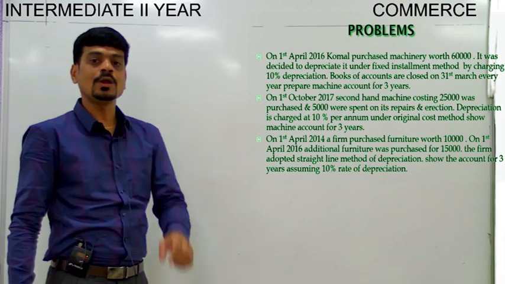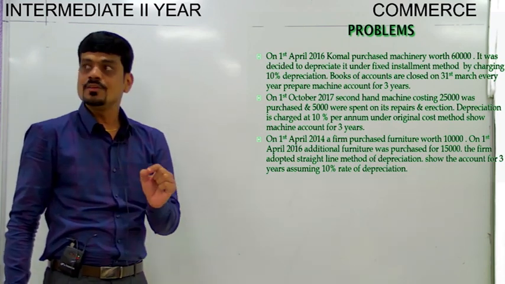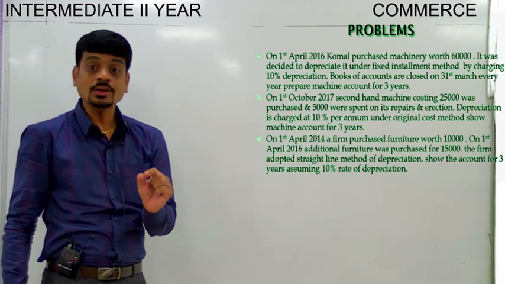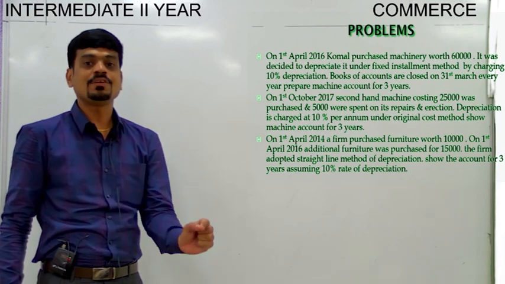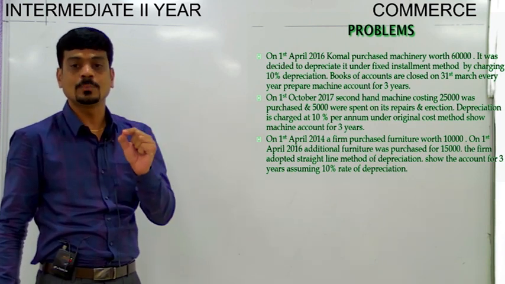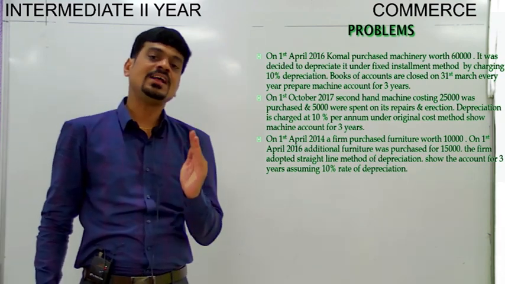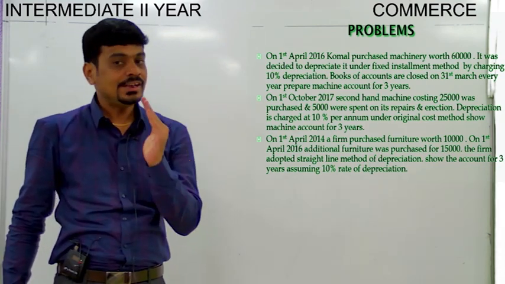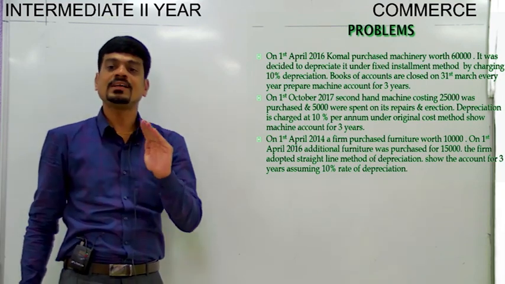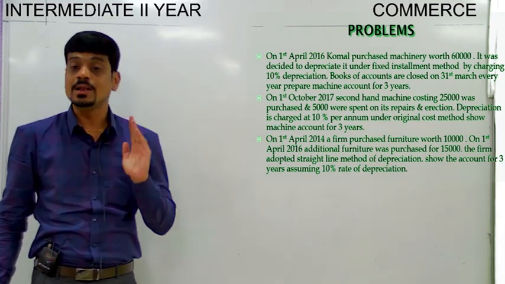In this, the focal point is what? Here, we bought the asset not on 1st April, but on 1st October 2017. So during the financial year 17 to 18, we are not putting the asset in use for 12 months.